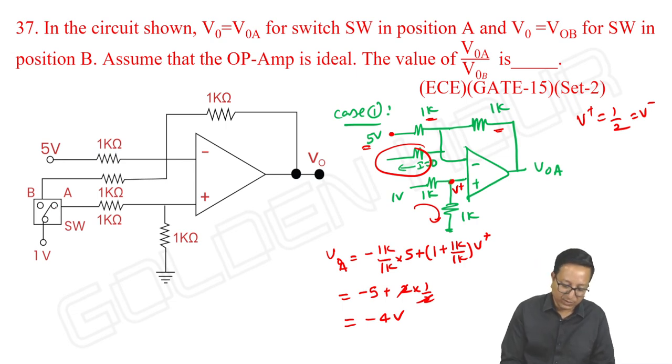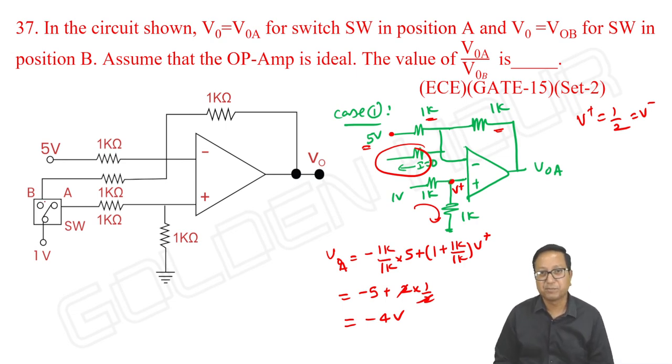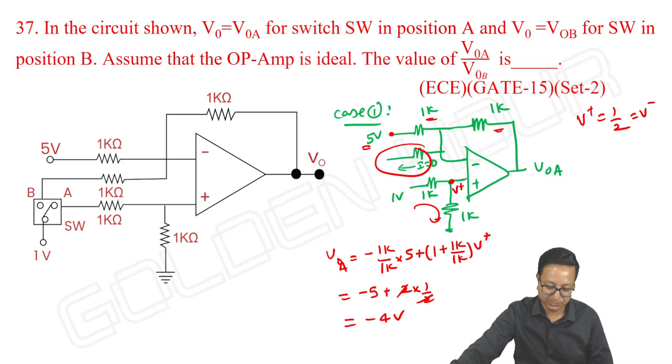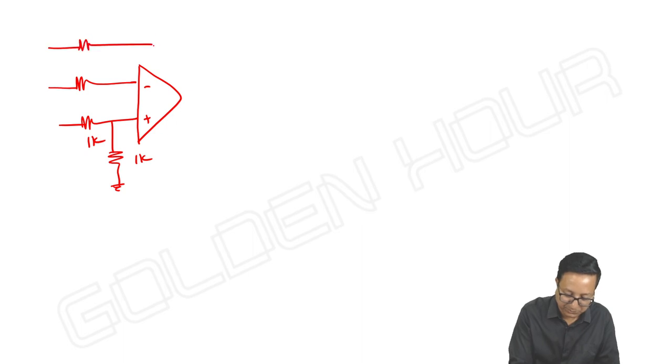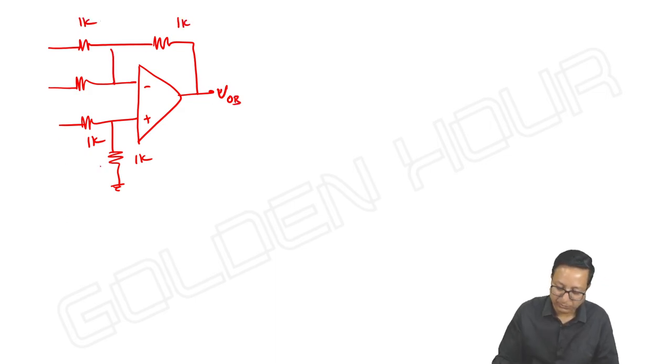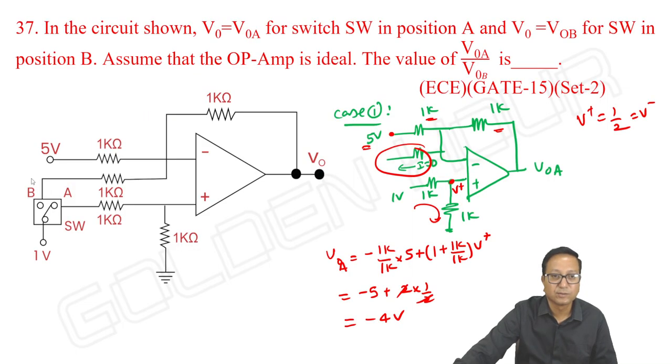Similarly, connect the switch to B, position B. What is the output? Let us check that also. It is 5 volt and it is 1 volt.